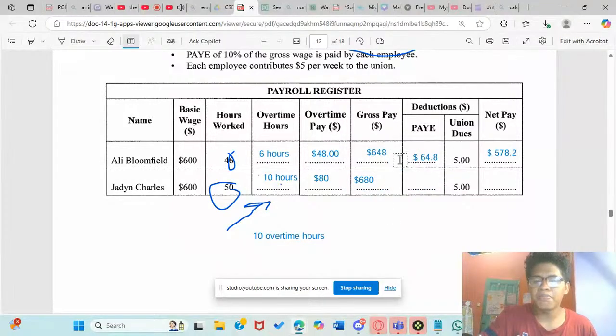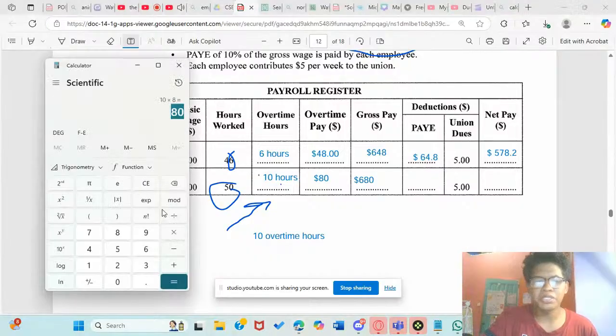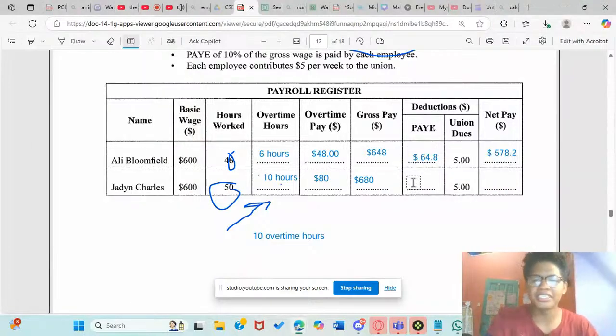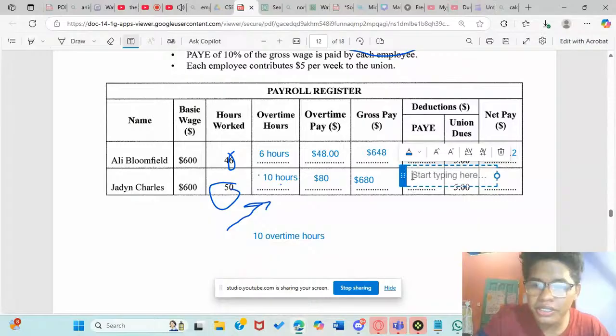Then we have to calculate the PAYE, which is 10% of the 680 gross pay. So 680 times 10 divided by 100. This will just be $68. Let me just put that in because it's common sense. I want to show you the whole process, but that doesn't really matter a lot.